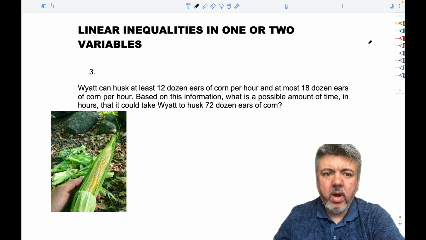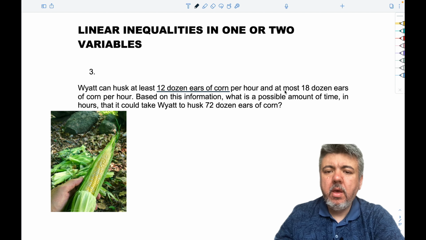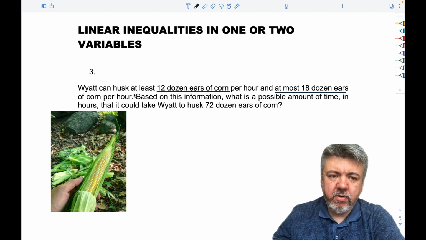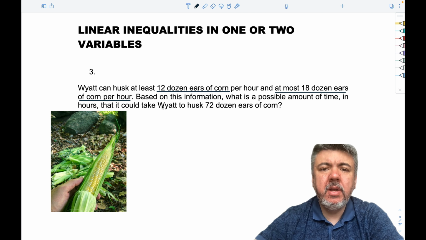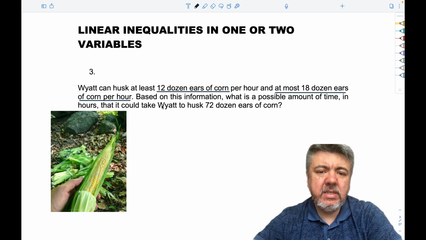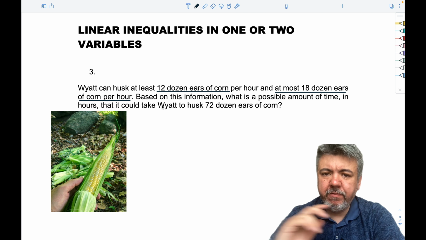Question 3. Wyatt can husk at least 12 dozen ears of corn per hour and at most 18 dozen ears of corn per hour. Based on this information, what is a possible amount of time in hours that it could take Wyatt to husk 72 dozen ears of corn?